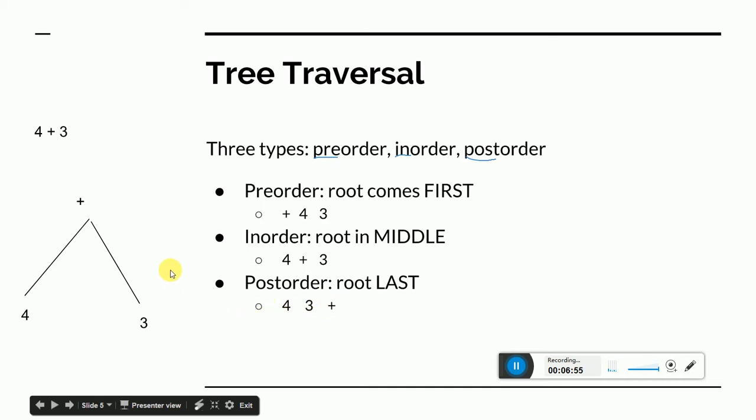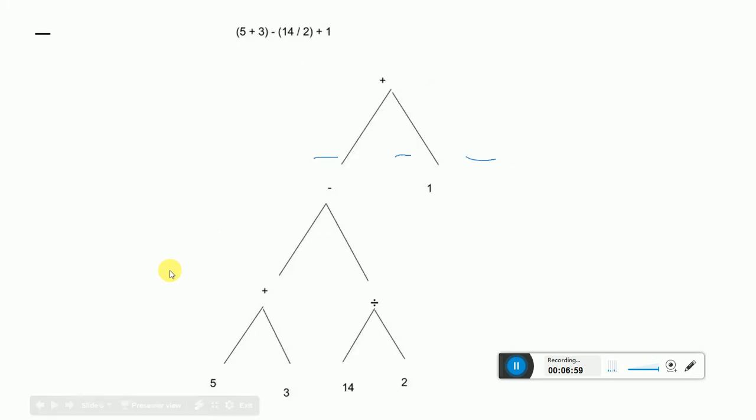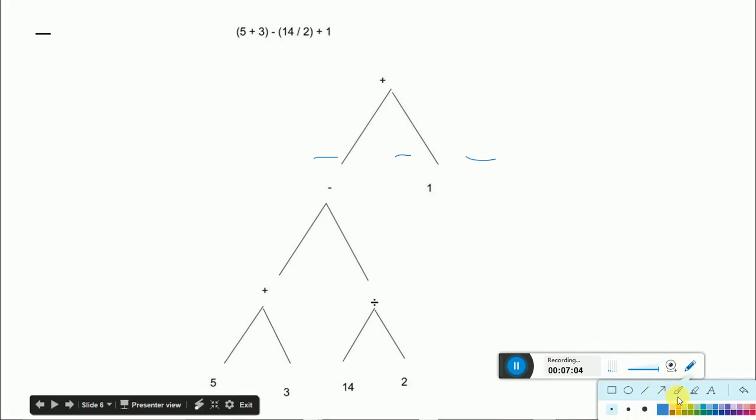So let's look at an example of how this would play out in a particular mathematical operation. Suppose we have this particular operation here. Let me clear that ink right there, because that's kind of ugly. All right, so we have 5 plus 3 minus quantity 14 divided by 2 plus 1.